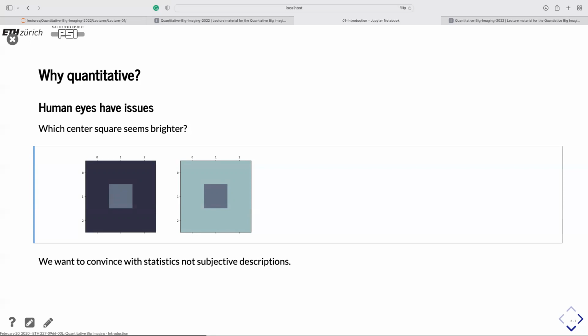So in order to know it, you have to actually do measurements in images. So in this case, you would take a region in here, measuring the gray level, region in here, measuring the gray level, and then you would confirm that, okay, it's the same. But in order to do this, we need to do some kind of quantitative analysis and not just saying, yeah, maybe.